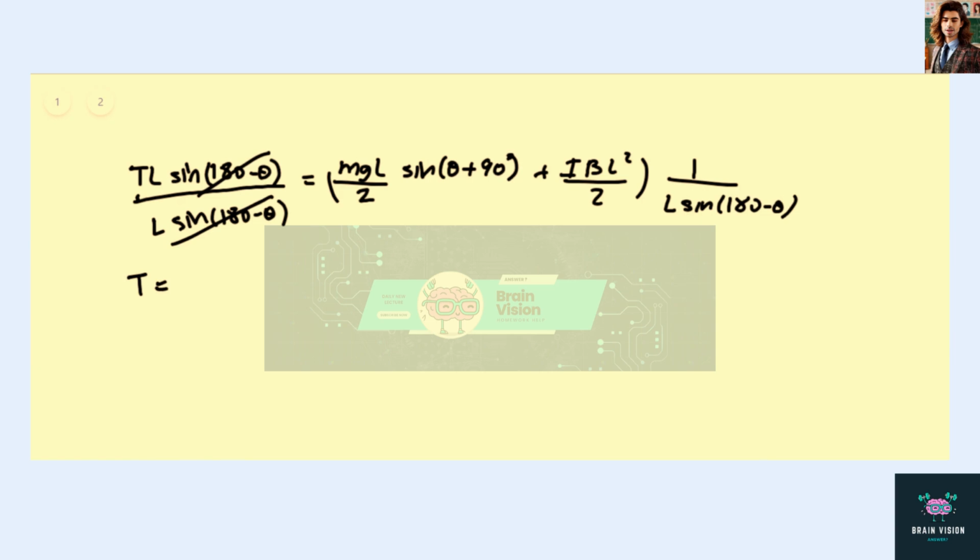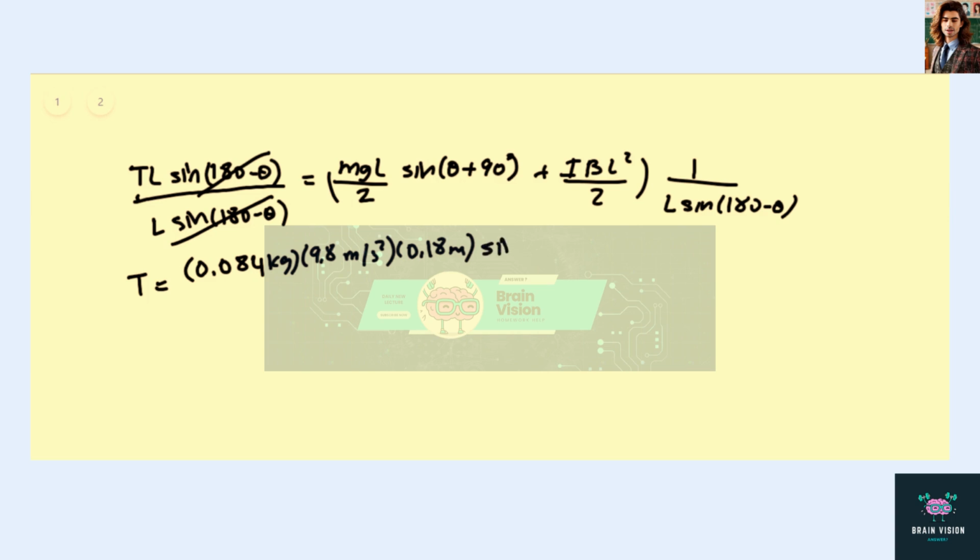Let's plug in the numbers while we're at it. The mass was 0.084 kilograms times 9.8 meters per second squared times 0.18 meters. I did the conversion.